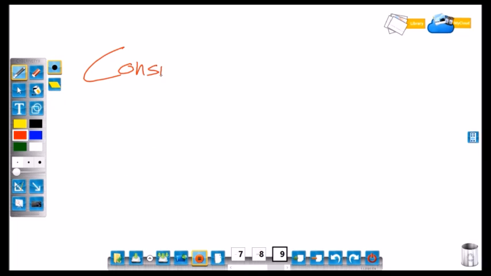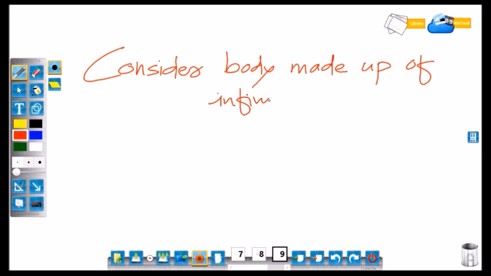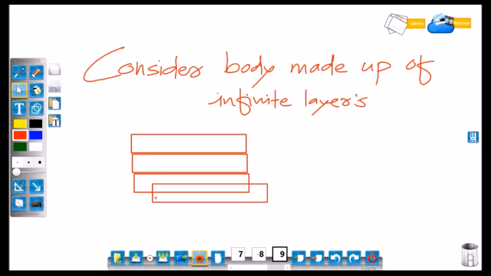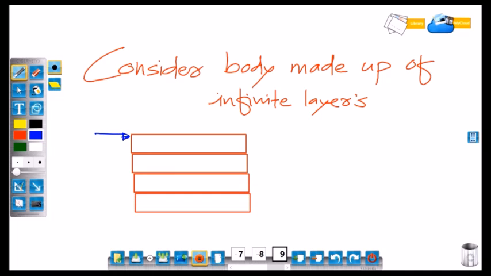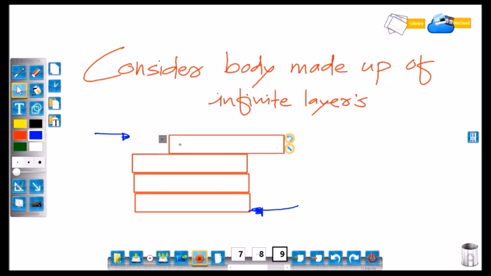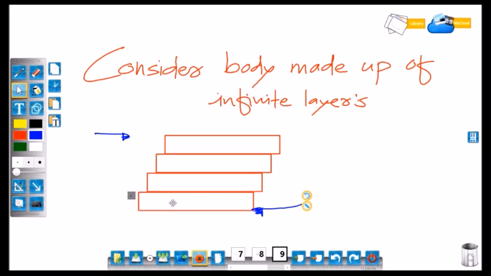Consider a body made up of an infinite number of layers. Look at this diagram, and tangential forces are applied on the body. What will happen? Upper layers are trying to move forward and lower layers will try to move backwards.